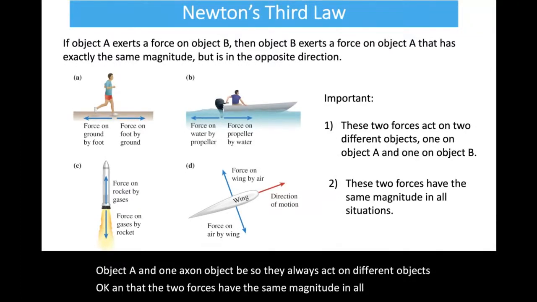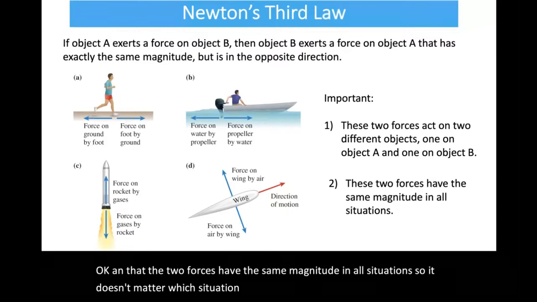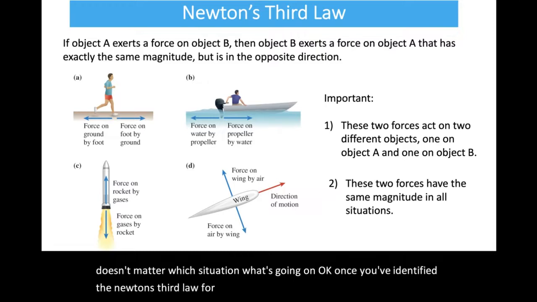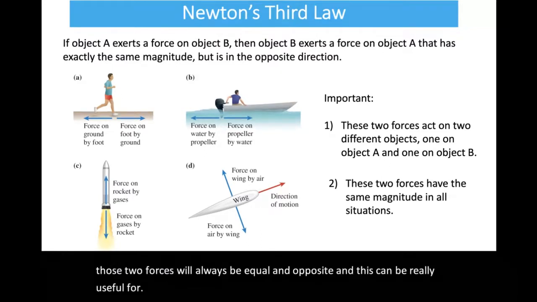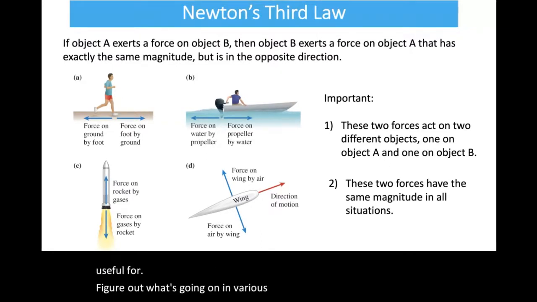So it doesn't matter what's going on. Once you've identified the Newton's third law force pair, force A on B, force B on A, those two forces will always be equal and opposite. And this can be really useful for figuring out what's going on in various physical situations.